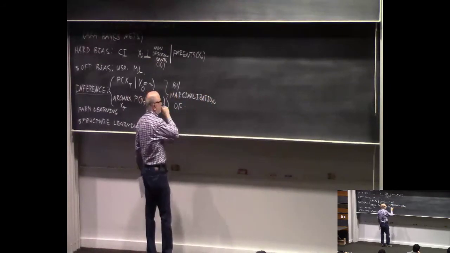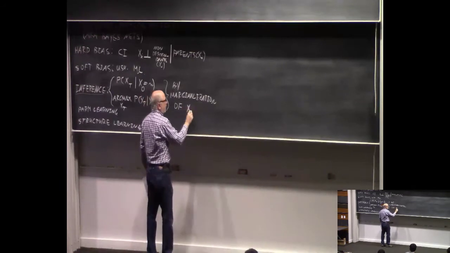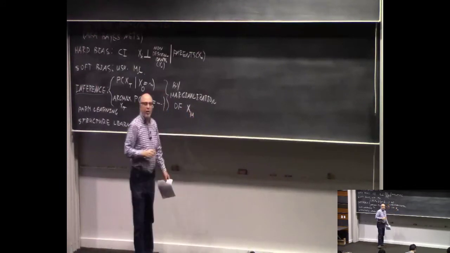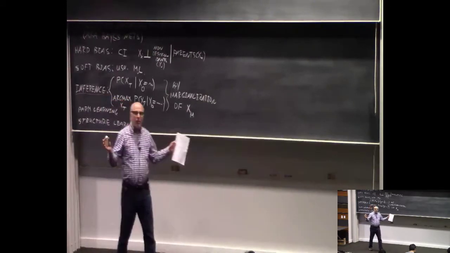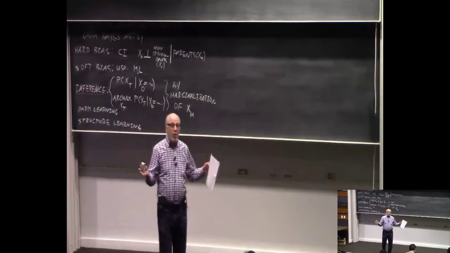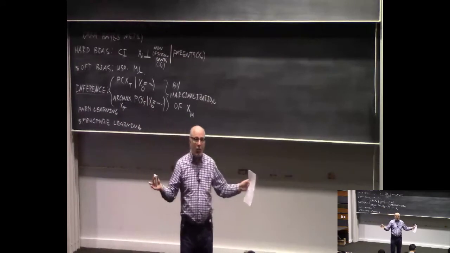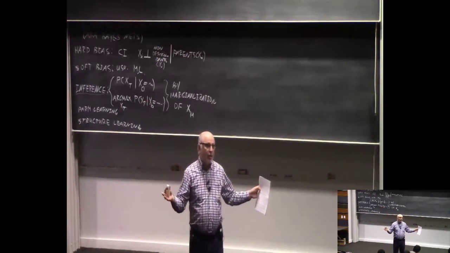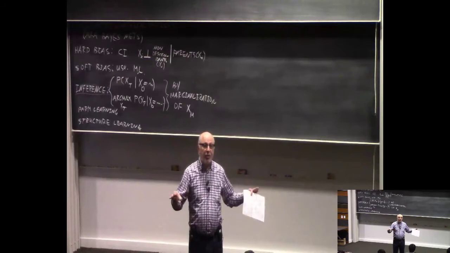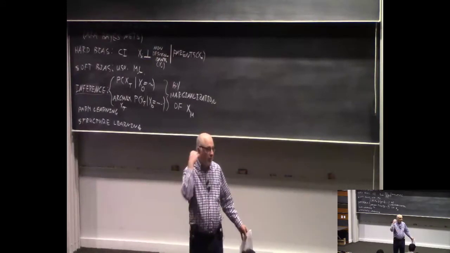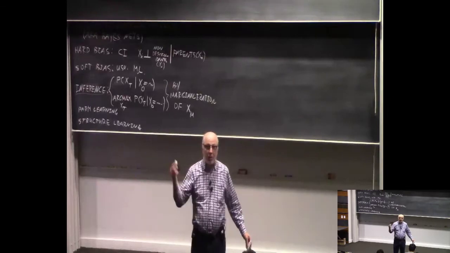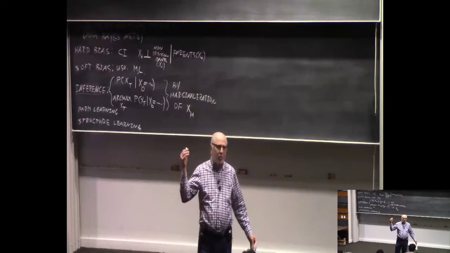Mostly of the third set, the set I called XM. To remind you, for any particular inference problem, we take the whole set of all the X's, and we partition it into three equivalence classes. Those variables whose values we know, that's what I called X sub O here, for observed.